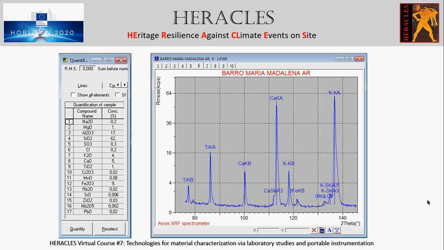The major components being silicon, aluminum, and calcium, with some iron, as expected for this typology of materials. These results were then used to compare with other examples from the museum for datation and type of materials used during its manufacture.